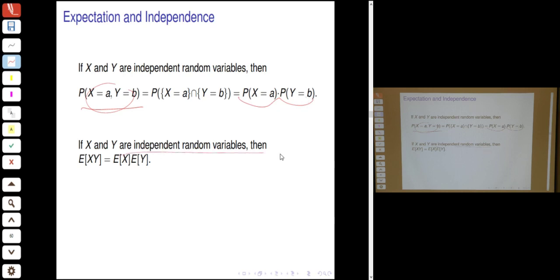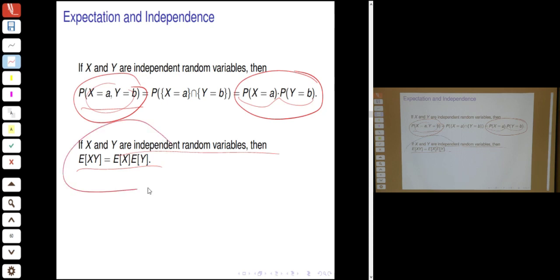If x and y are independent random variables, then expectation of xy is expectation of x times expectation of y. Okay? So this is the relationship between probabilities and independence. If 2 random variables are independent, then the probabilities split as a product, and this is the relationship between expectation and independence: the expectation of their product is the product of their expectations.